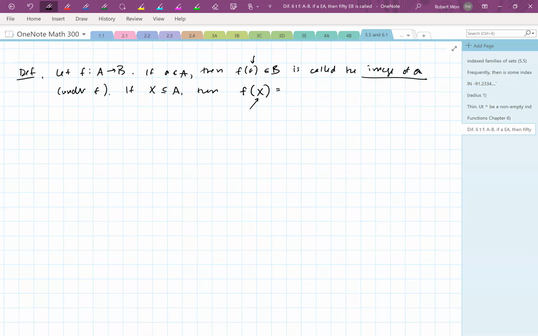But what this notation means is the set of all f of a such that a is in X. In other words, you take every element of X, you apply f, and you collect all those objects together. So this is a set. This is a subset of B. But this is called the image of X under f.